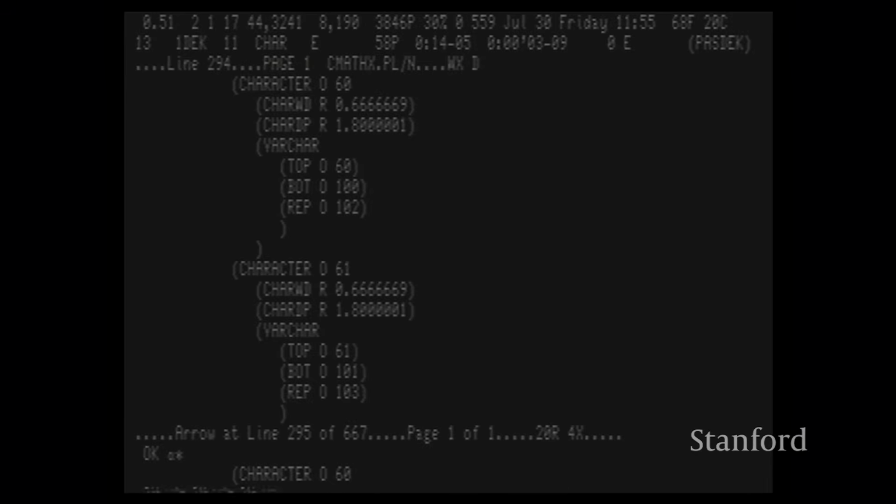Okay. Is there any requirement that the extensible character itself be the top character? No. The extensible character doesn't even have to participate in it. It's funny that if you used an extensible character while typesetting, TeX wouldn't even look at its tag field except to see whether it was 0 or 1.